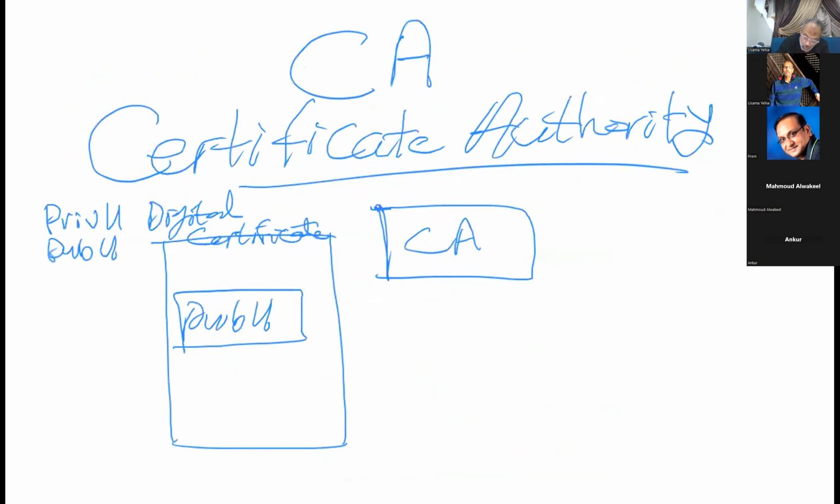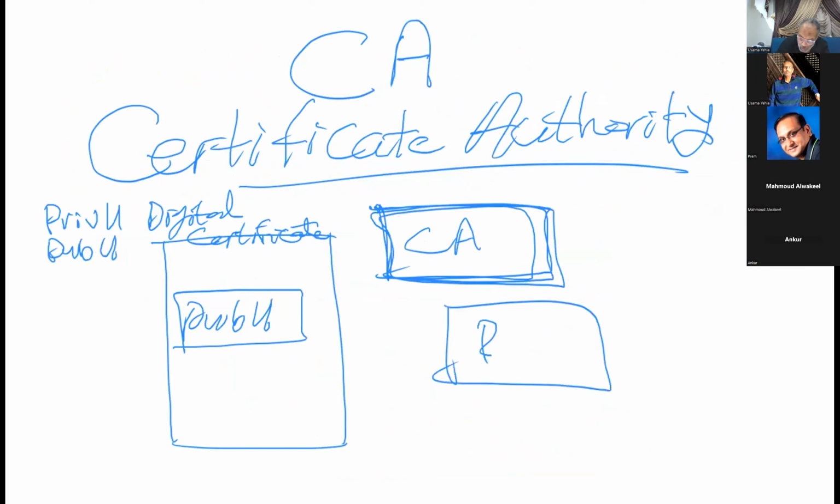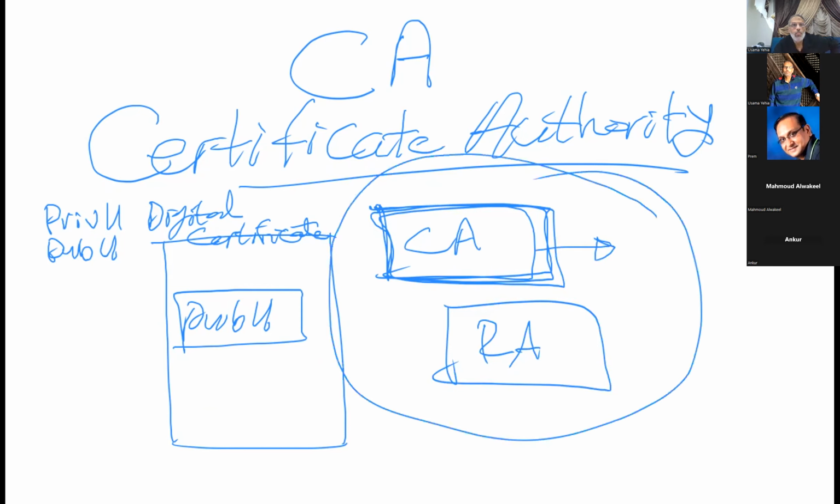There is something called CA and something called RA. The RA will be responsible for authenticating the user, and the CA will be able to issue the certificate. Both of them will be able to manage the digital certificates for all the users who are members of their infrastructure.